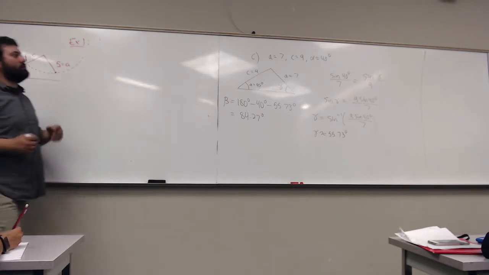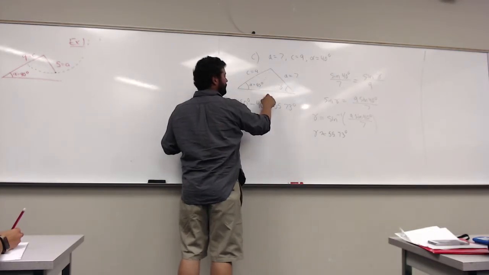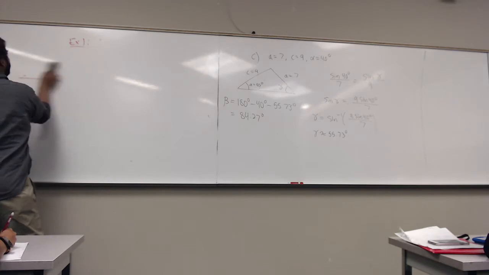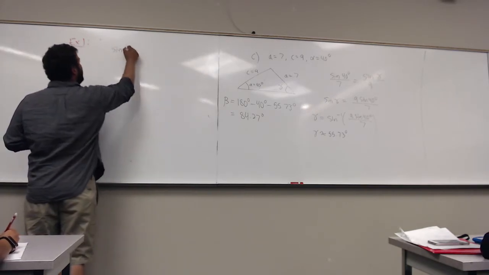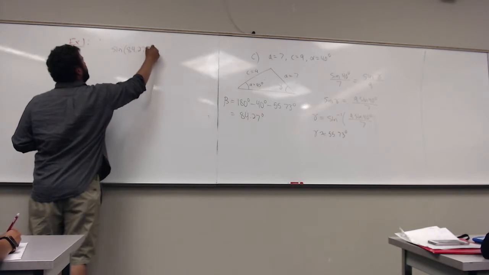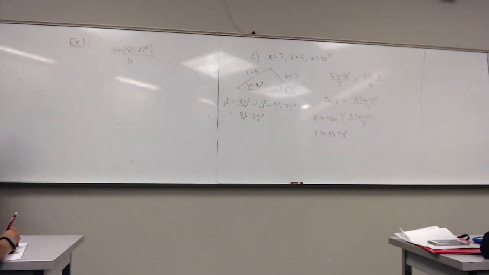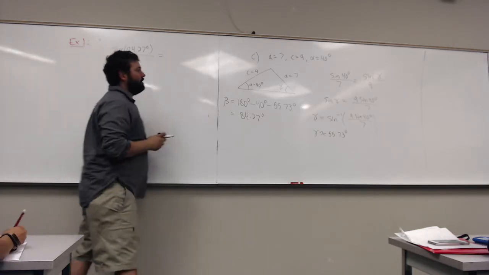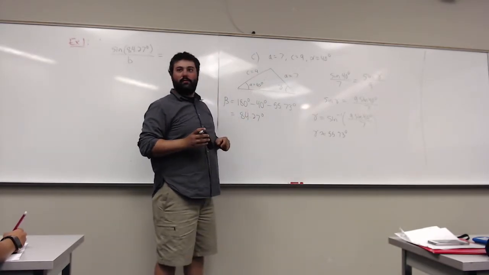Now you need a third side. We knew beta up here, now we need a side length B. So now you apply law of sines again: sine of this beta angle, 84.27, over its opposite side B, which is the last side we need. Is it better to use sine alpha over 7 probably?